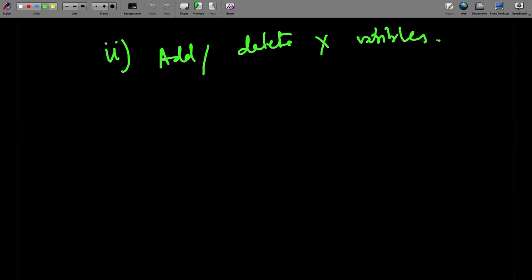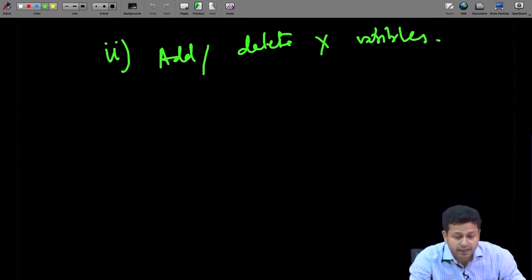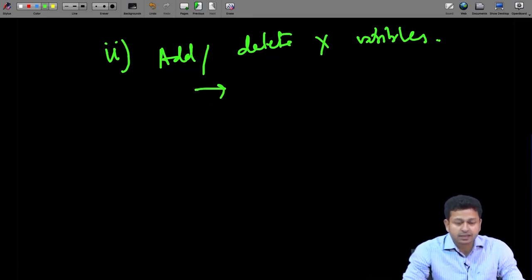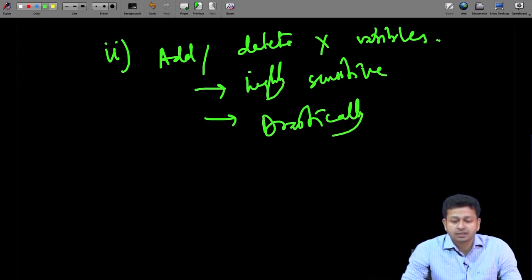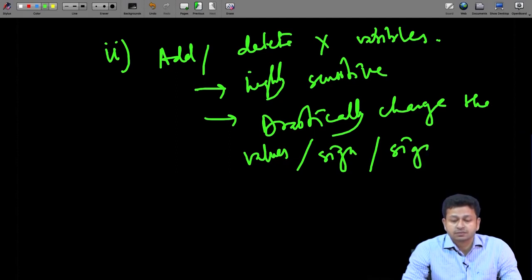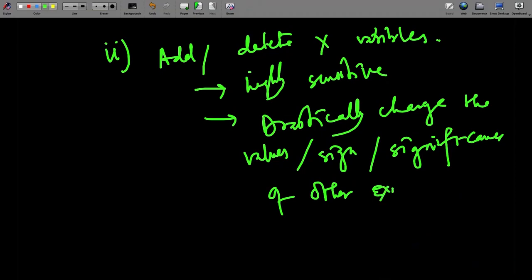Okay. So that is another case where, if you add or delete a variable, you will see it is highly sensitive, because it will drastically change the values or the sign or the significance of other explanatory variables. Okay.